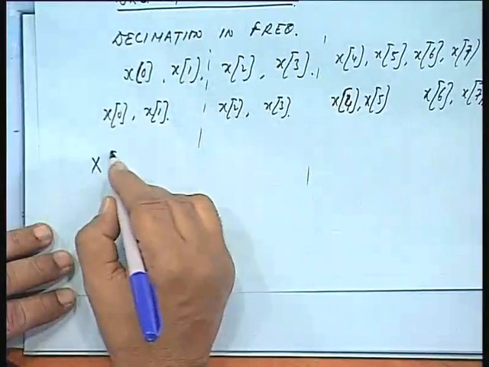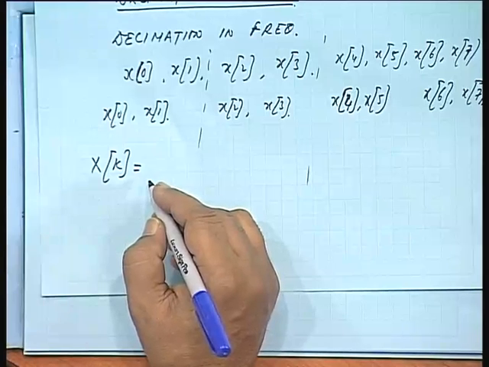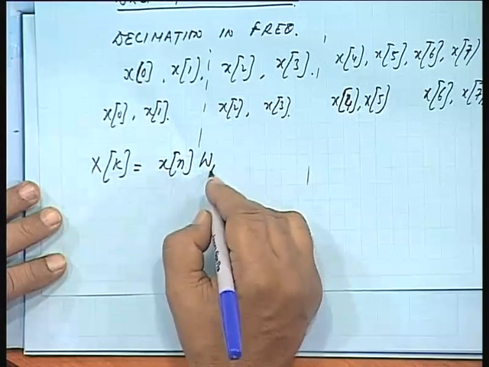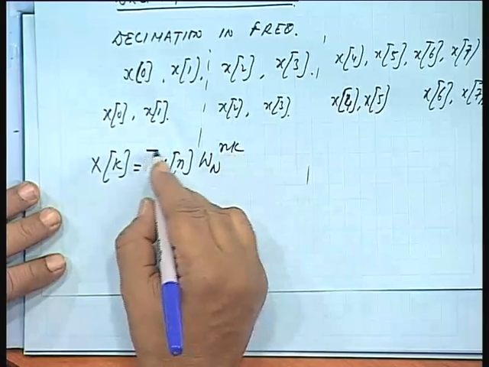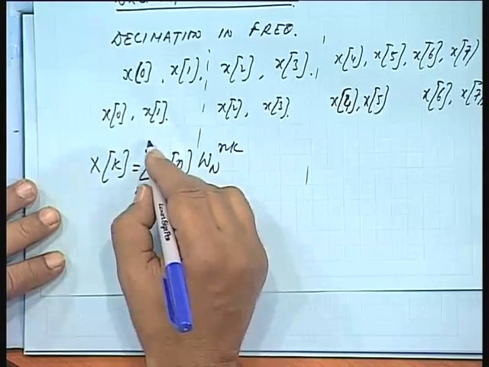We have X k equal to x n W N n k, summed over n from 0 to N minus 1.